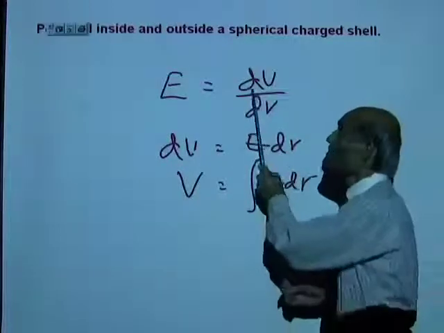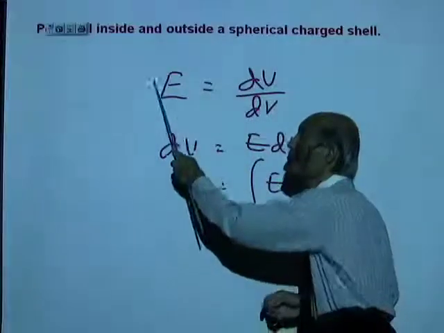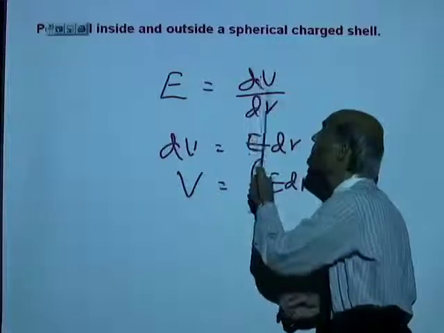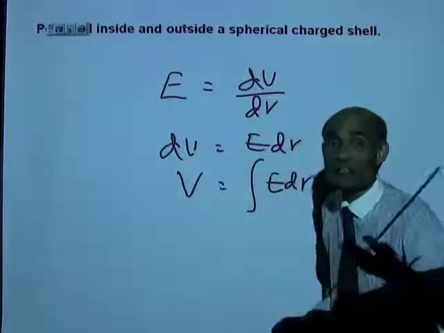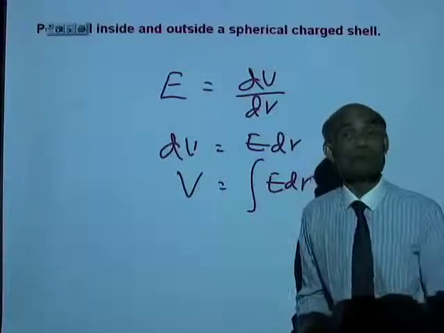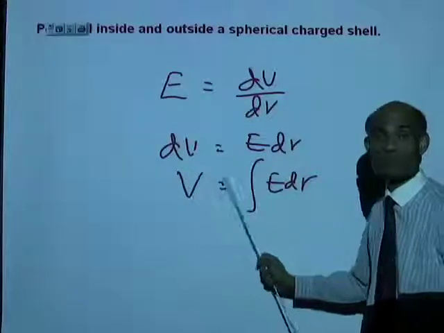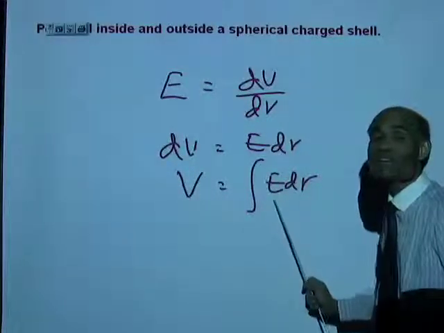Well, the derivative of what kind of a quantity will give you 0? If this E has to be 0, then this V has to be a constant, because only the derivative of a constant becomes 0. Now in the same way, if you use integration, V equal to integral E dr. E is 0.